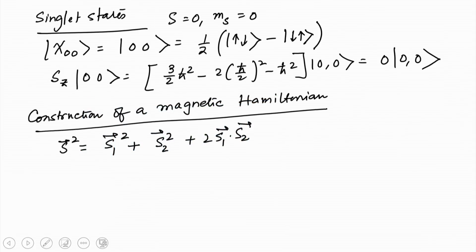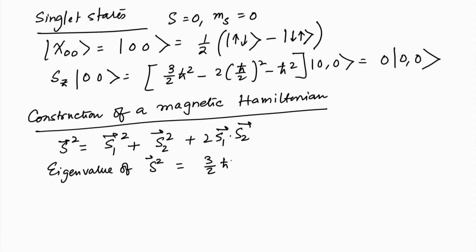Now, the eigenvalue of S square is equal to 3 by 2 ħ square, as we have discussed, that 3 by 2 comes from 2 terms of 3 by 4 ħ square, each of S 1 and S 2, plus 2 S 1 dot S 2.